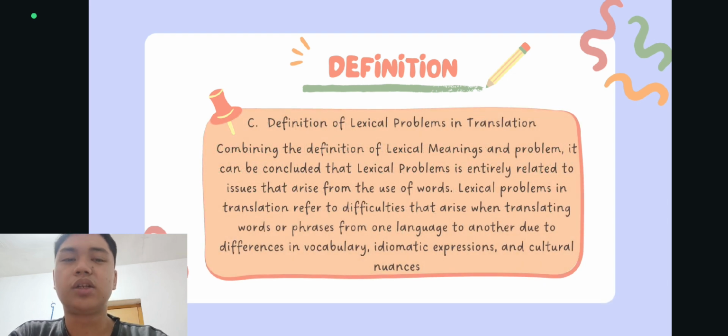So, combining the definitions of lexical meanings and problem, it can be concluded that lexical problems are entirely related to issues that arise from the use of words. Lexical problems in translation refer to difficulties that arise when translating words or phrases from one language to another due to differences in vocabulary, idiomatic expressions, and cultural nuances.